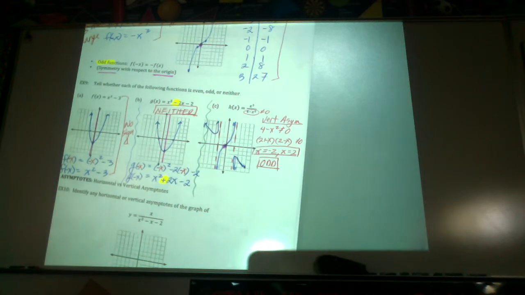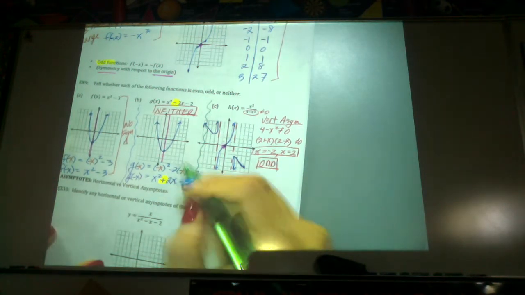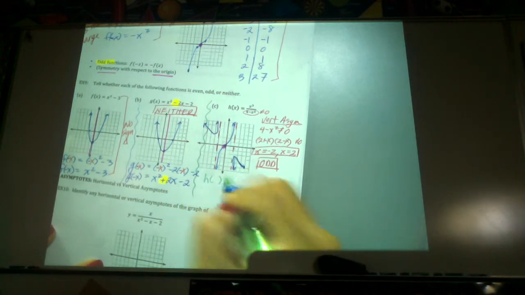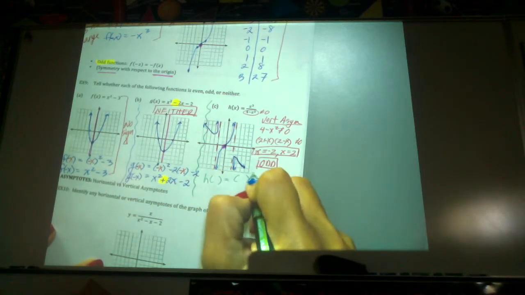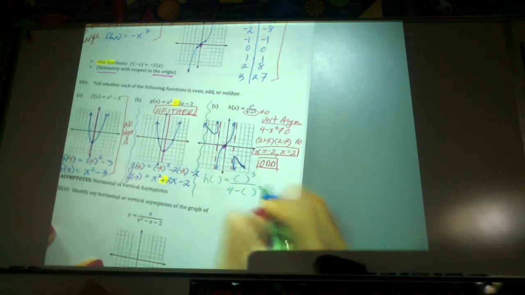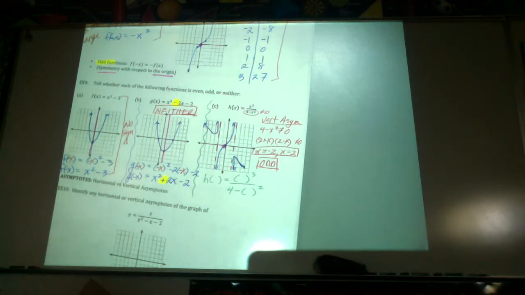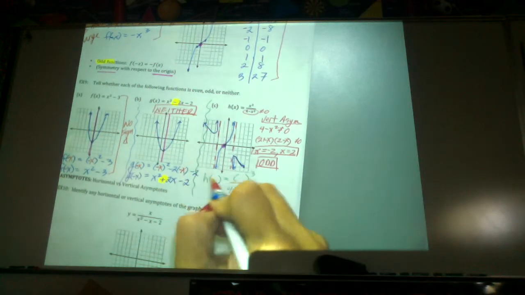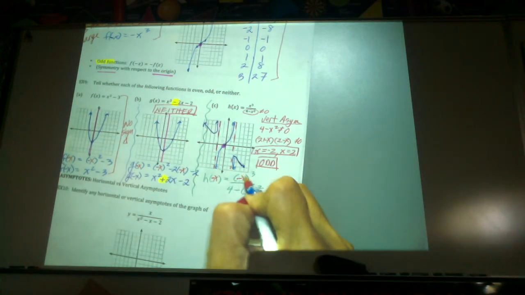So then you're going to support it with proof with algebra. It's going to be a little bit harder. So h of negative x is equal to negative x cubed divided by 4 minus negative x squared. Make sure you're using substitution parentheses. So I'm putting a negative x in each of those parentheses.